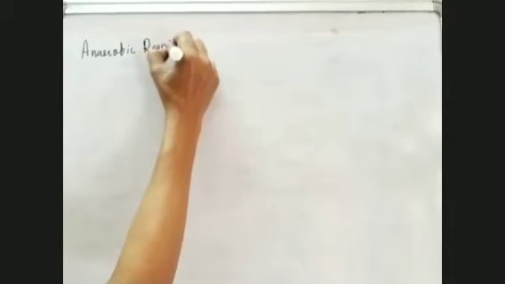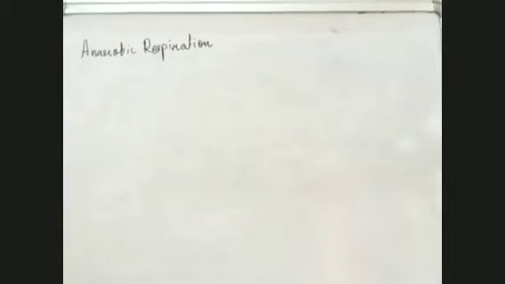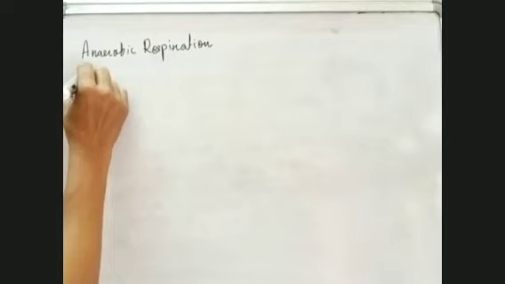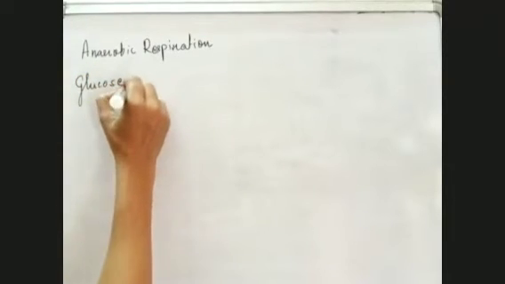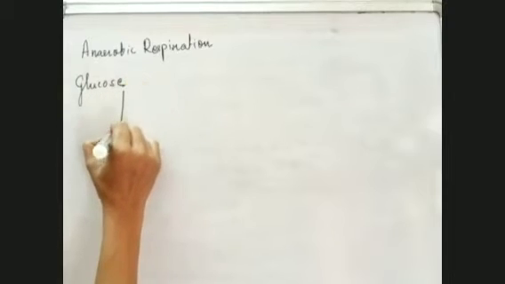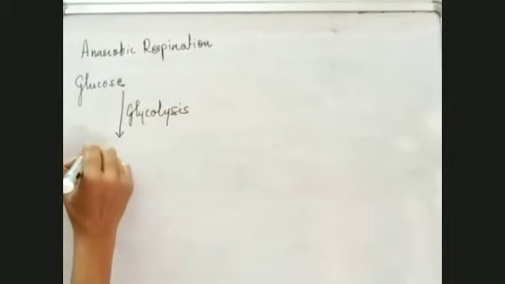I told you about anaerobic respiration, that in anaerobic respiration, the glucose undergoes the process of glycolysis, and by the process of glycolysis, what is formed is pyruvic acid.